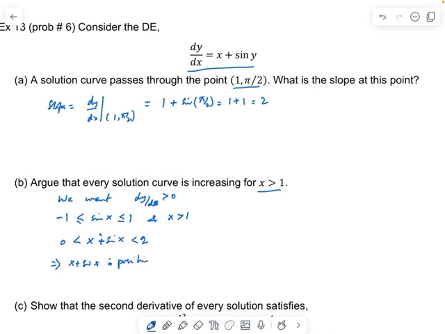And that's what we had to show, that the value of the function will be positive. So x plus sine x is positive, which means our function is increasing. Because if this is positive, it means dy by dx is greater than 0, which implies the curve is increasing.